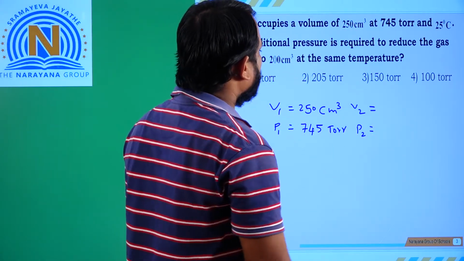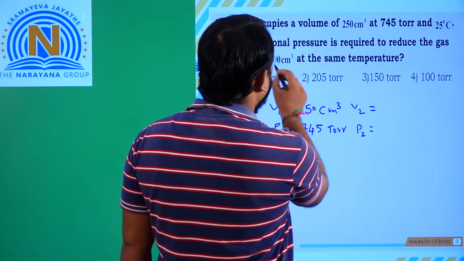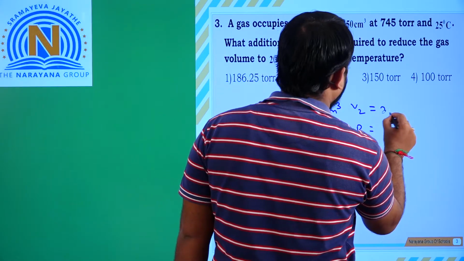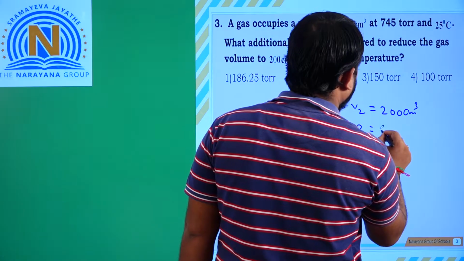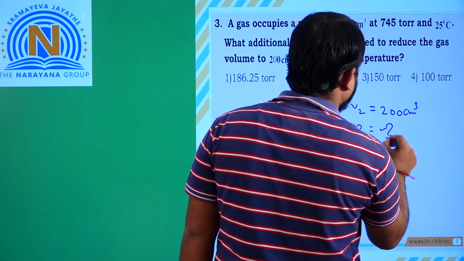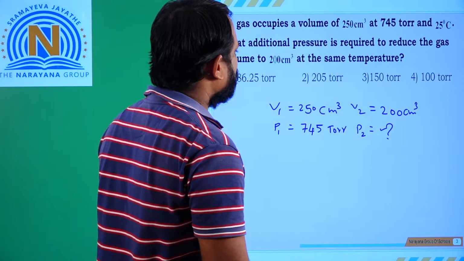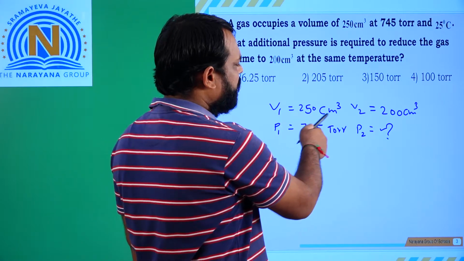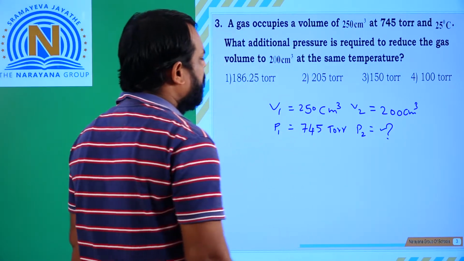What additional pressure is required to reduce the gas to a volume of 200 centimeter cube? So we want this P2. How much pressure is increased when the volume of 250 centimeter cube is reduced to 200 centimeter cube?